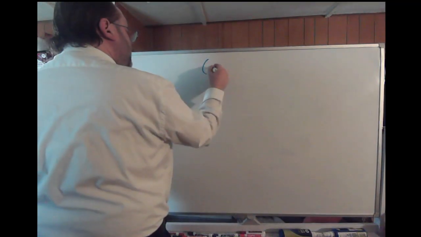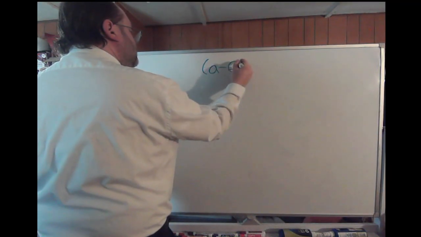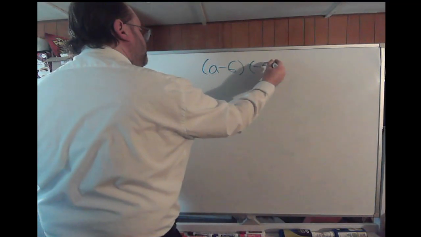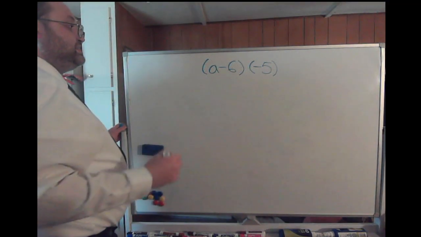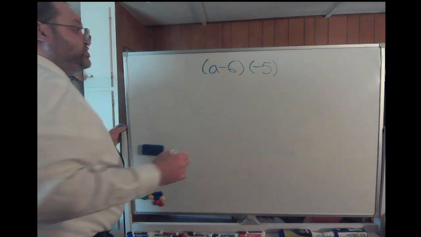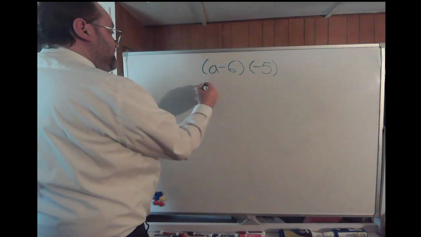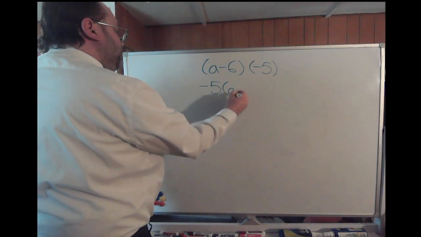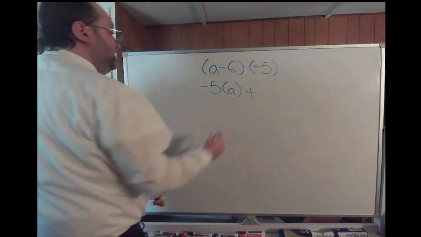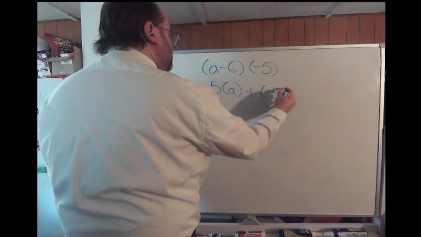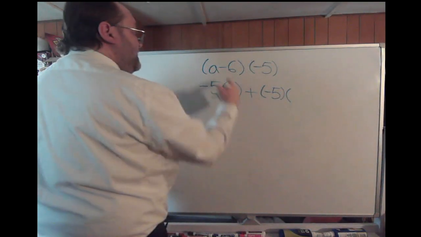Alright. We have a minus 6 times -5. So we got a minus 6 times -5. Well, we're going to distribute that -5 times a, so you'll have -5 times a plus, you always do plus, that -5 times the -6.